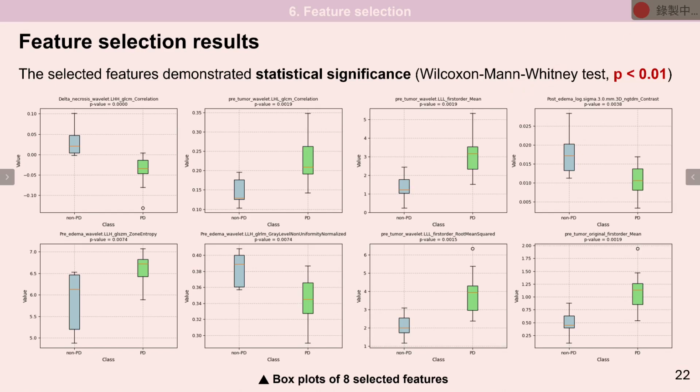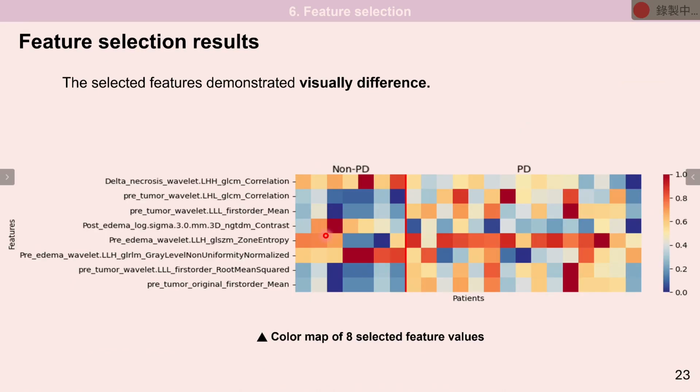The blue one is class non-PD and the green one is PD. So they are visually separated. And we can also demonstrate the visual difference in the color map. The left side is non-PD and the right side is PD.